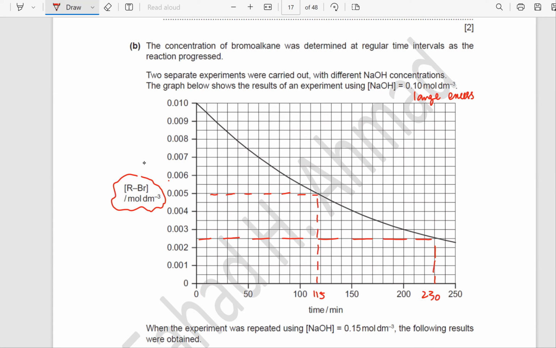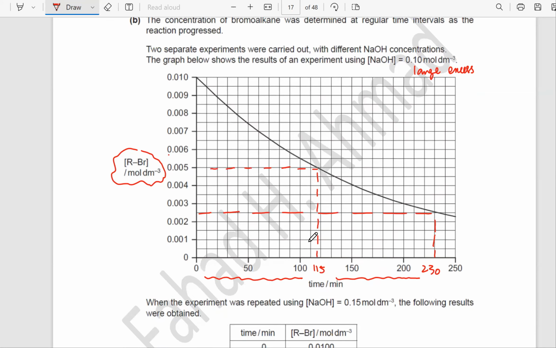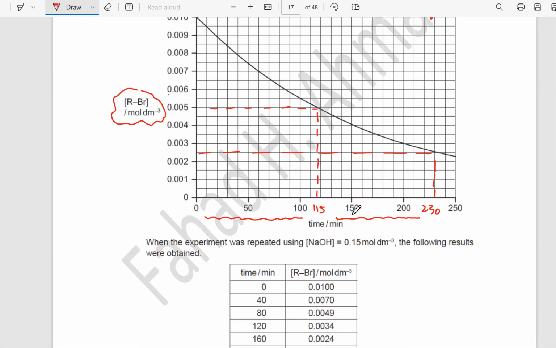The constant half-life है, ठीक है. The first half-life is 115. The second half-life is also taking the same time. So constant half-life, what is the order if it's a constant half-life? One, sir. ठीक है, that's order 1. Constant half-life is order 1. अगर time double होता, that would be order 2.